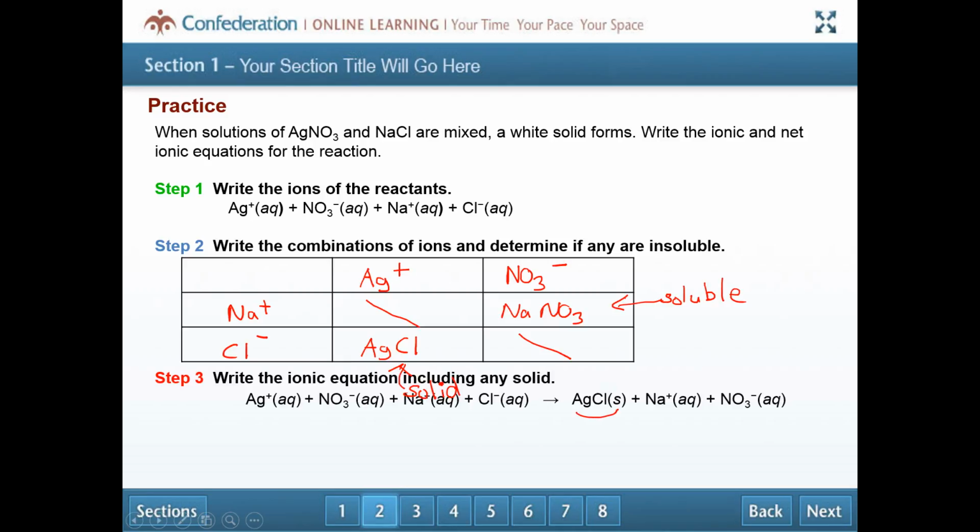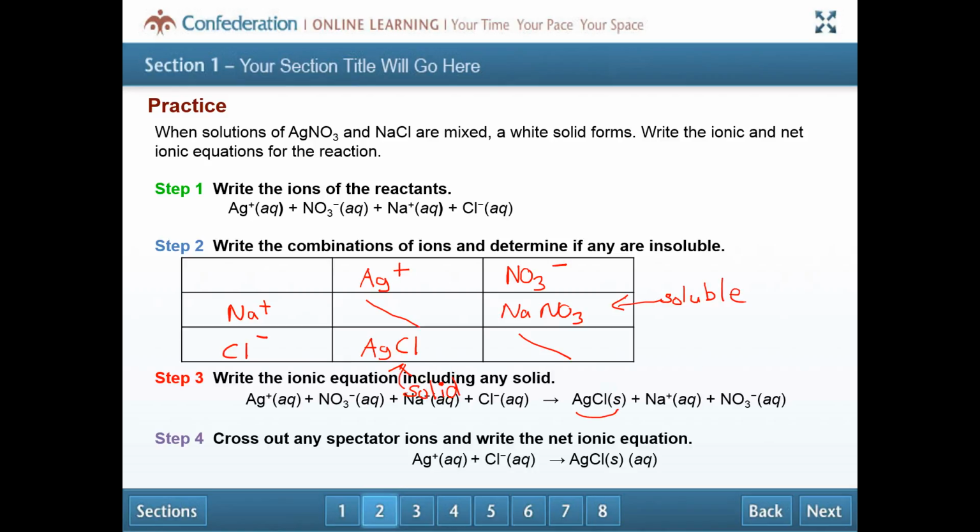So then what you want to do is cross out all of those spectator ions, and then you end up with your nice net ionic equation, which is just the silver and the chloride mixing to make the silver chloride. Okay, so that's how you'd use your solubility rules to figure out what the solid is.